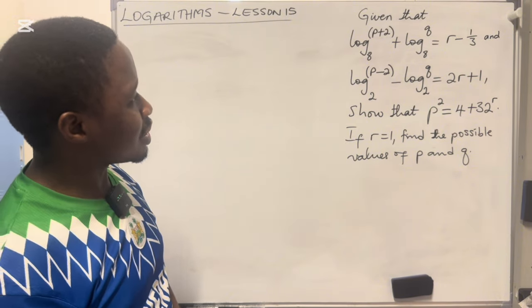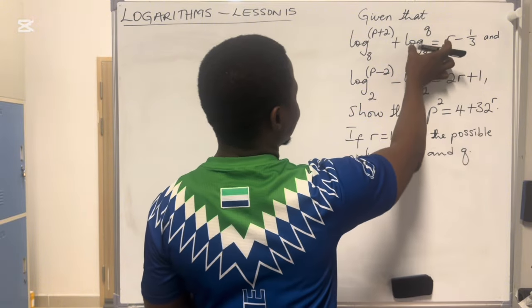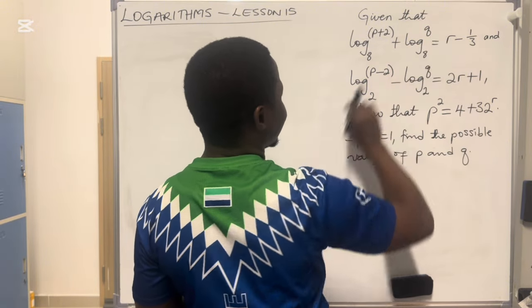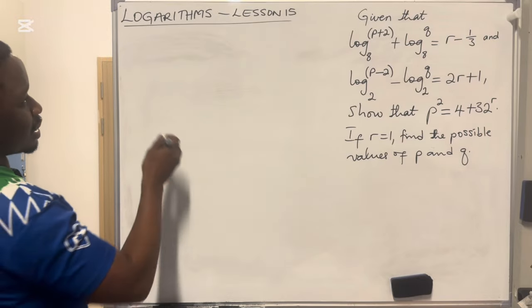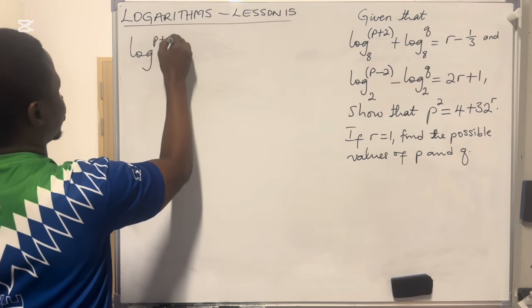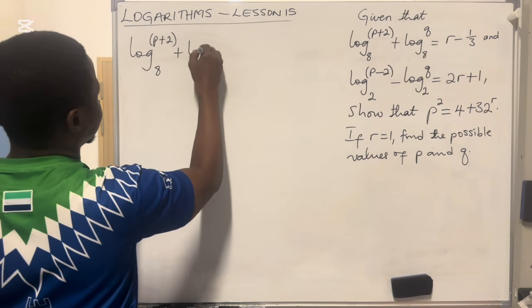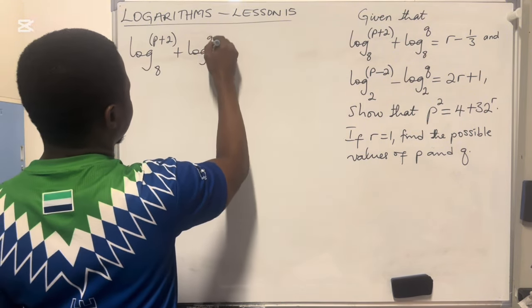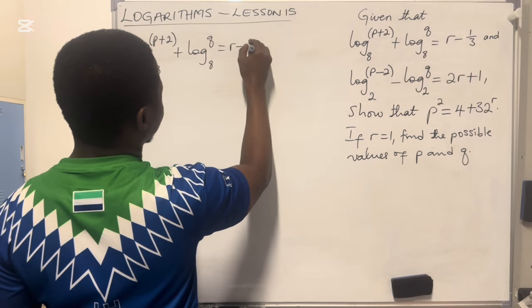So what we do is, since what we want to show has no log, let us try to eliminate log here. Here again, we'll try to eliminate log. So the first one says log (p+2) base 8 plus log q base 8 equals r minus 1/3.